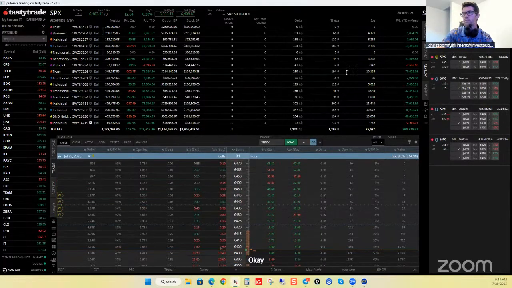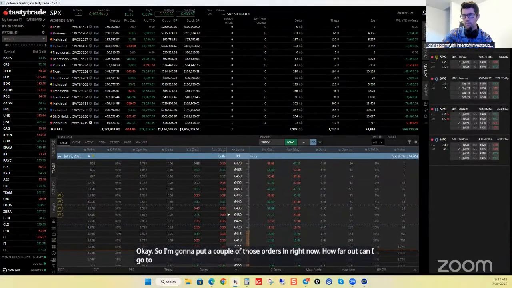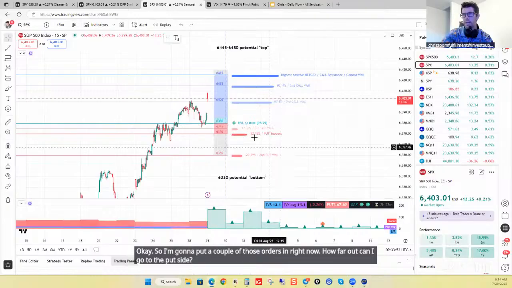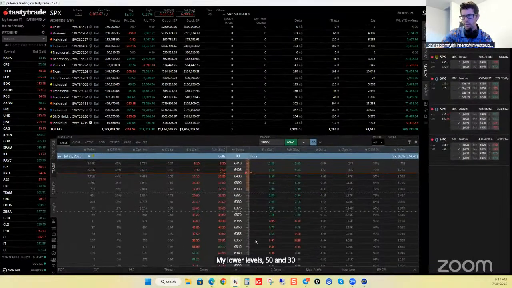Okay, so I'm going to put a couple of those orders in right now. How far out can I go to the put side? My lower levels, 50 and 30, kind of bottoms on the day. 50, yeah, just the premiums are so bad.